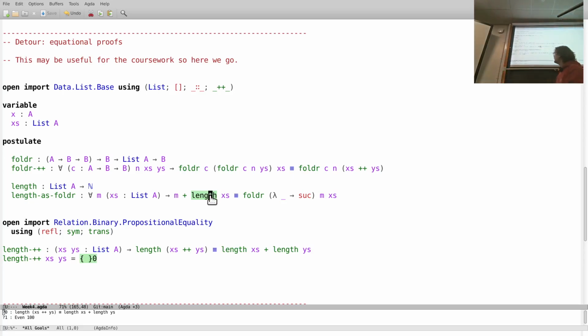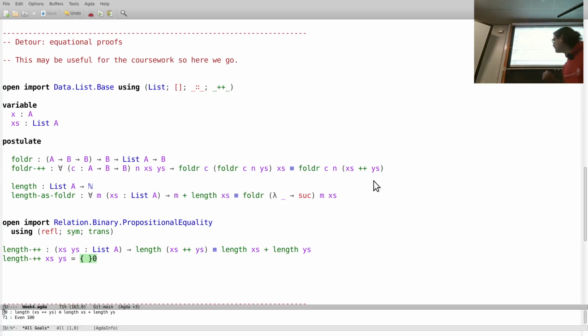So it's really saying that there are length xs constructors in the list xs, which makes sense because length is the thing that's counting the conses in a list. And then fold_r here is also postulated. I cannot do any proof by induction or whatever. But I have this fact about fold_r.